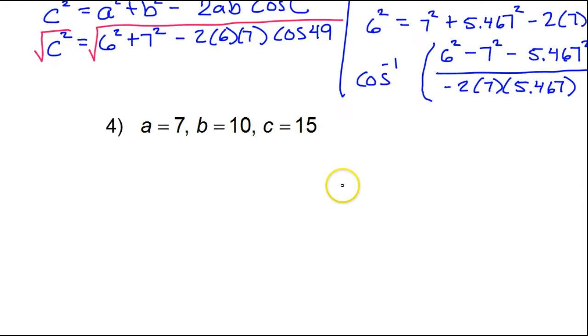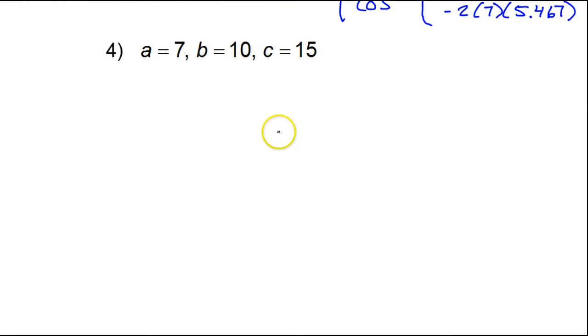Alright, let's do one more problem. So in this case, it is obvious that we have a side set of information. So right away we know that this is going to be the law of cosines. So it really doesn't matter how you draw your triangle when you have side.